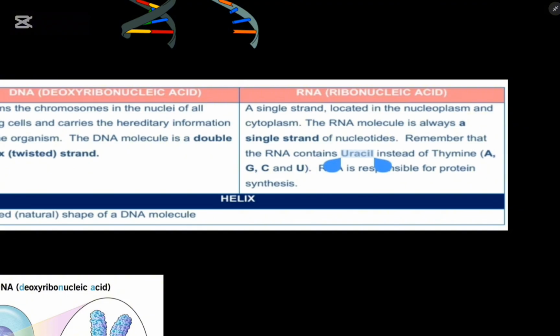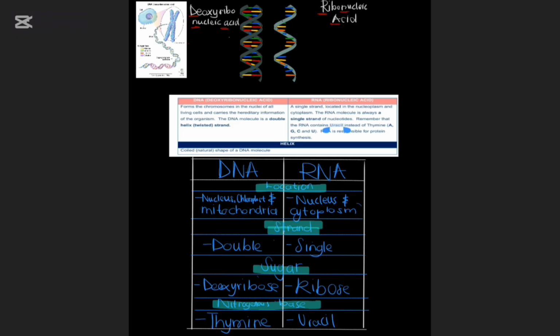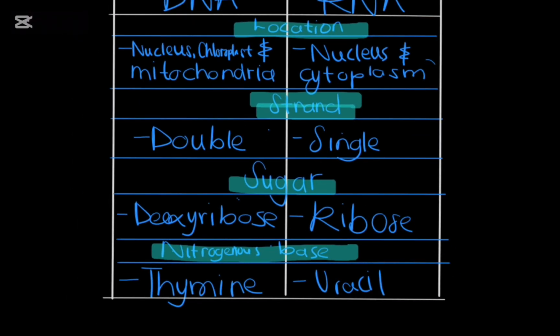So to then make a difference table, we'll make a table of differences here. Diving deep into DNA and RNA, these are their differences that will help you understand more.